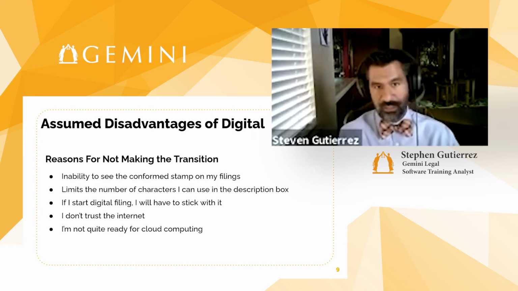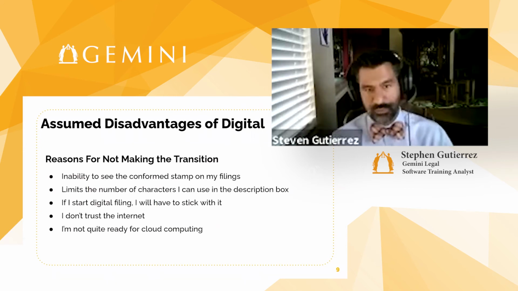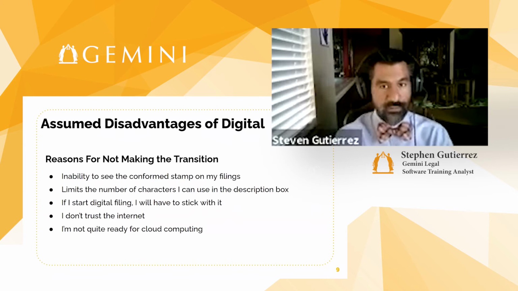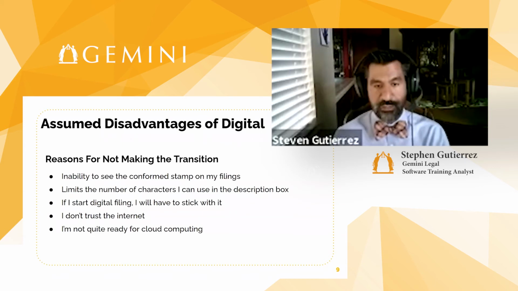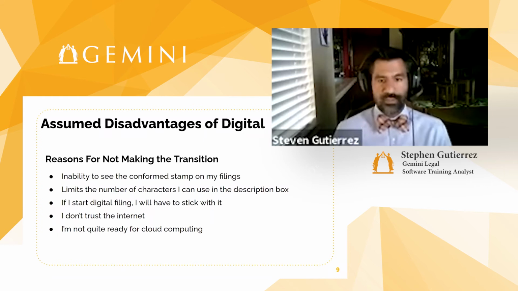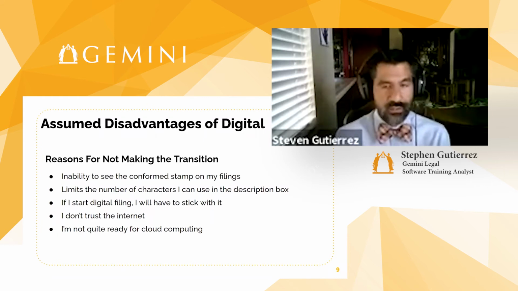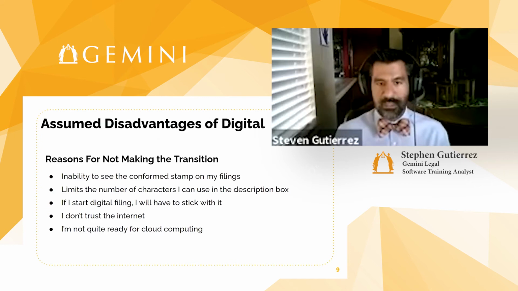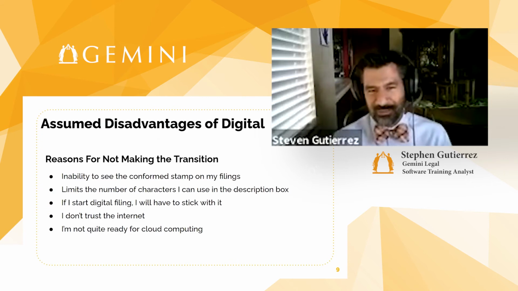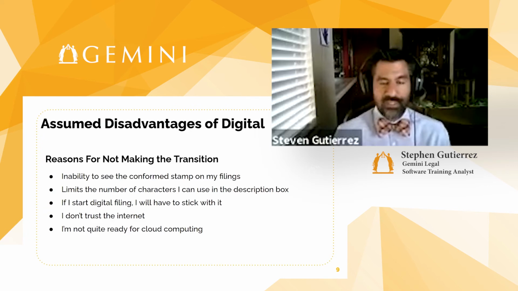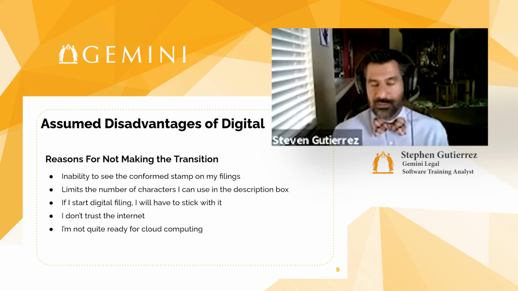So we briefly discussed the two different methods that you have right now in digital filing. The question is, what are the reasons why you're not making this transition? What are the internal conversations, the questions that are holding you back from making a selection of one or the other or both?